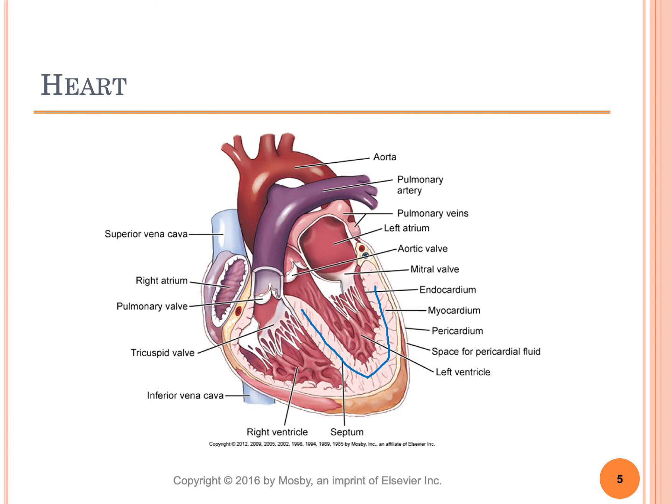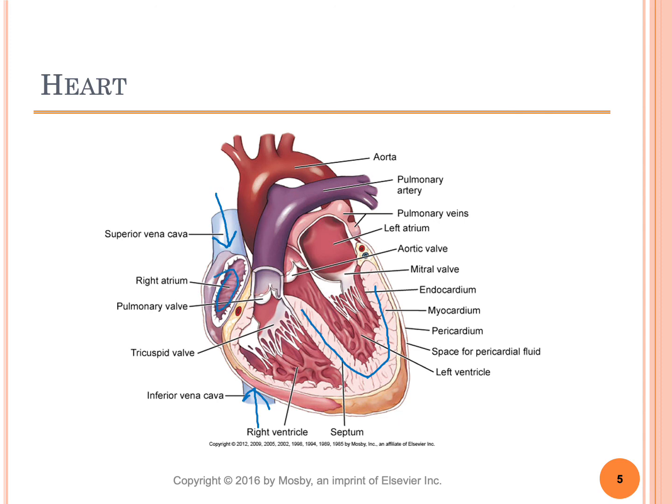So let's take a little tour through the heart here. Blood is going to enter the heart through the superior vena cava, and then down here, the inferior vena cava. And it is going to enter this right atrium right here.